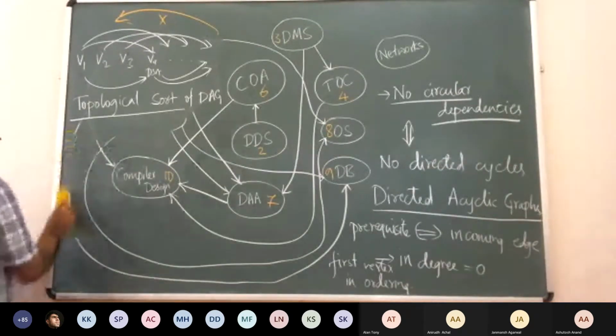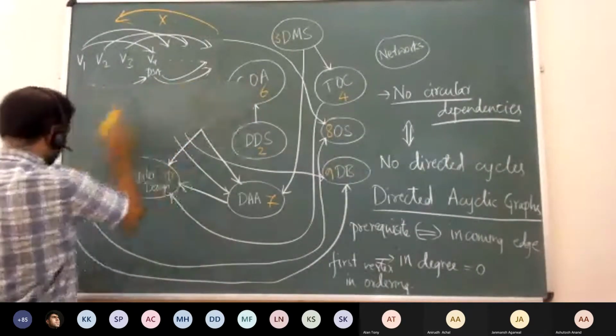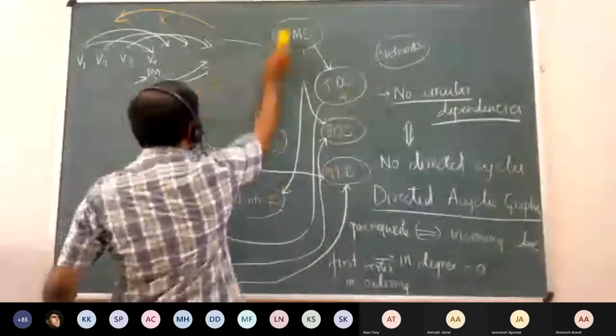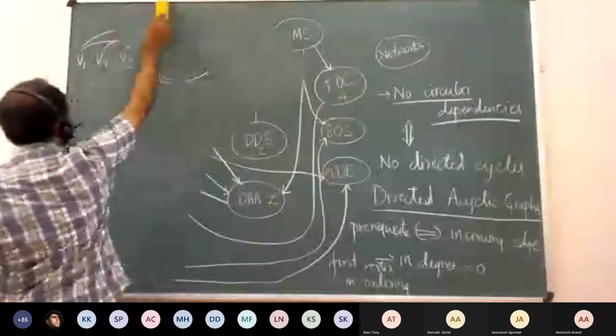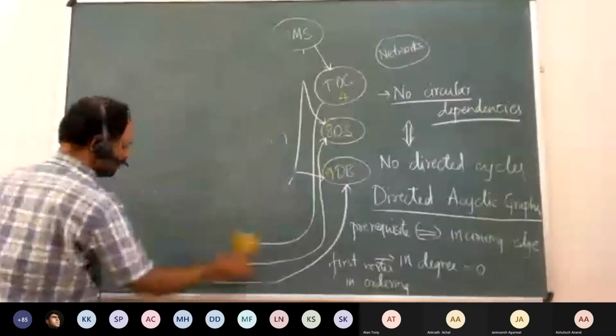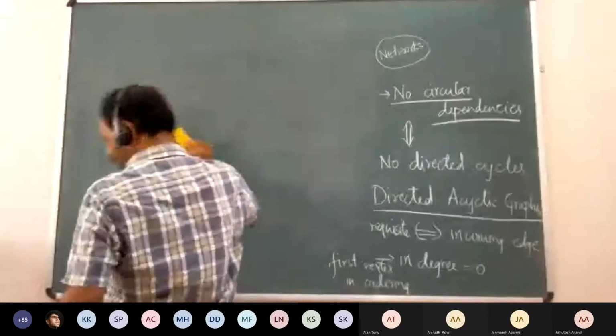If the graph has directed cycles, you can never order this way. No topological sort is possible. Even the precondition for such a sorting is that the graph should be acyclic. It's a directed acyclic graph, what we call a DAG.